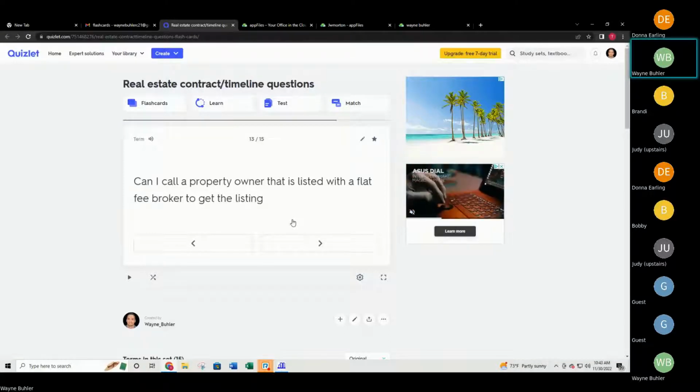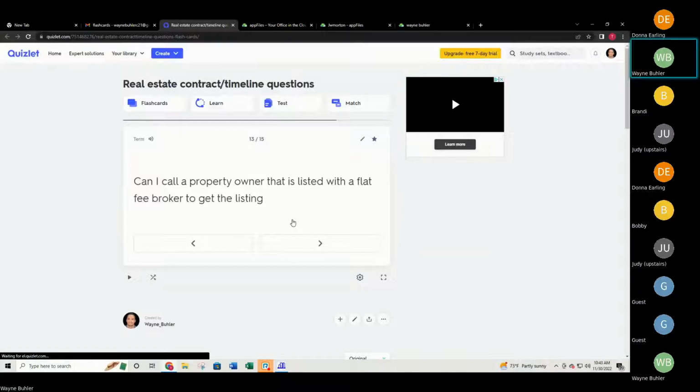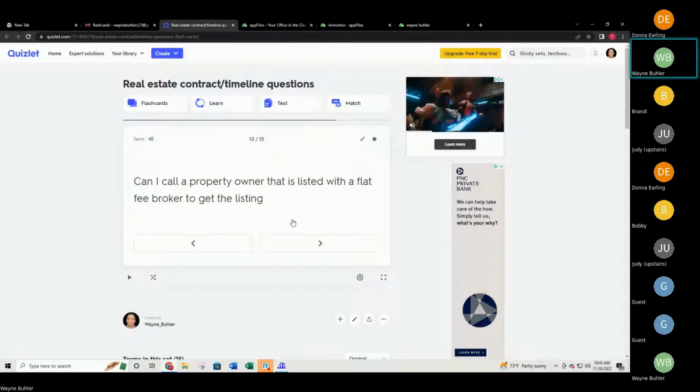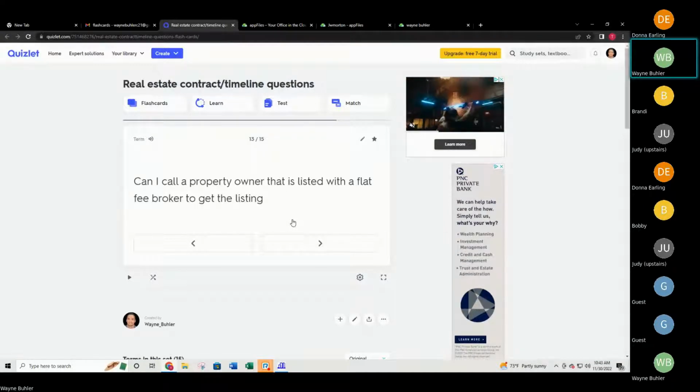So you can do a CMA for a customer that is already listed. However, that's where it ends. You give an opinion of value. You don't say, go cancel your listing agreement with Remax and come talk to me. You don't coach them on any of those things. You are allowed to give an opinion of value.